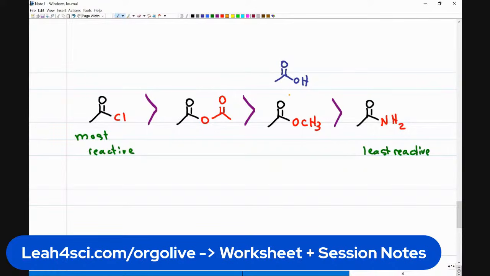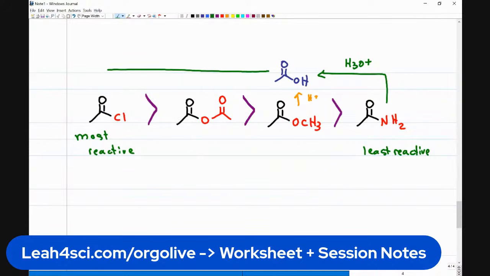But the ester can be turned into a carboxylic acid simply with an acid catalyst and water. The amide can also be turned into a carboxylic acid by reacting it with acid and water. So I'll just put H3O plus for an aqueous acid. And here's the important one.